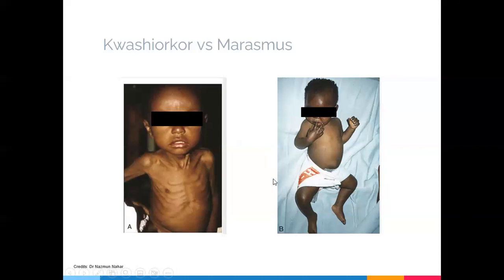Okay. So inana siya. So ma-distinguish nato right off the bat when we compare these two together. Makita nato ang differences because again si marasmus, it's skin and bones nga appearance, and then your kwashiorkor is edematous.